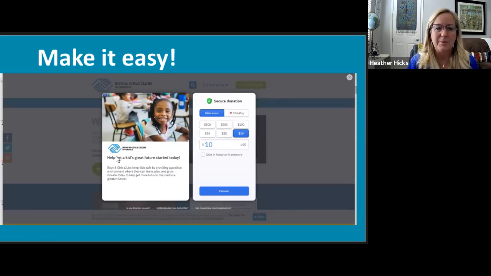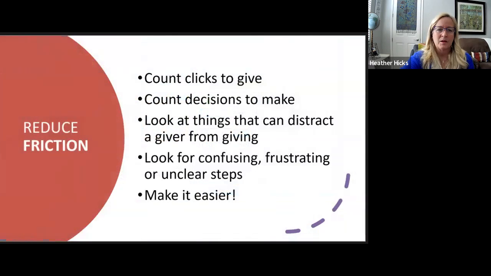Great value statement. And then right next to it, they actually have their form built right in, makes it super easy. It's a pop-up screen, so they're not going away. They've kind of put everything together. And of course, they have a system that allows them to do that. That is very effective. So looking for a good system is part of this optimizing as well.